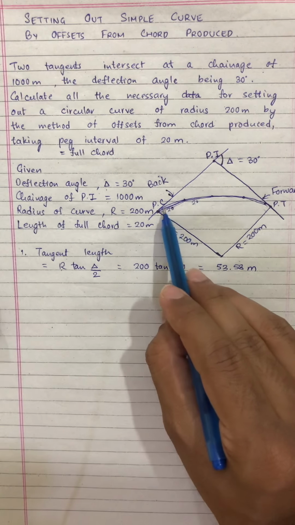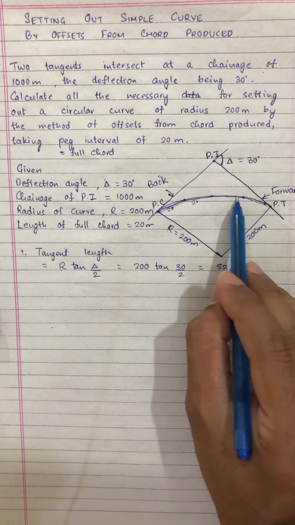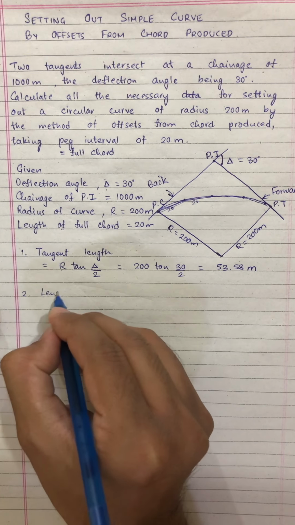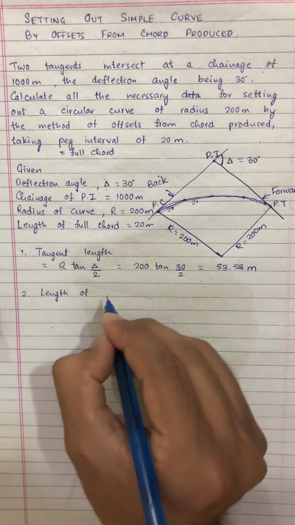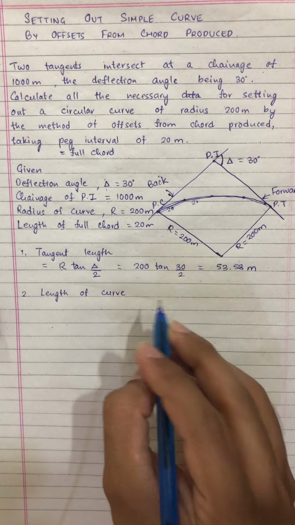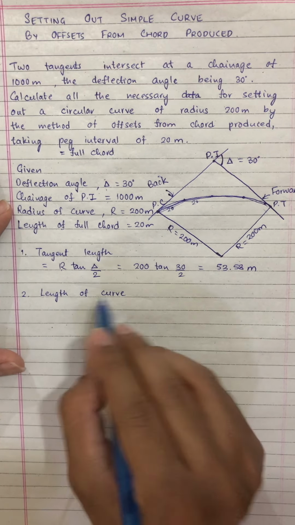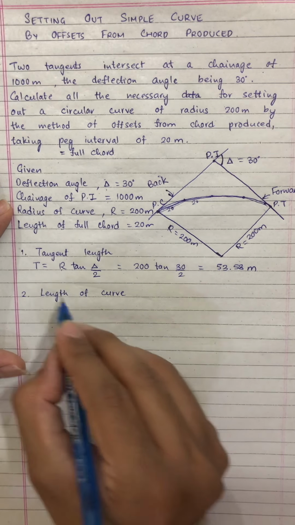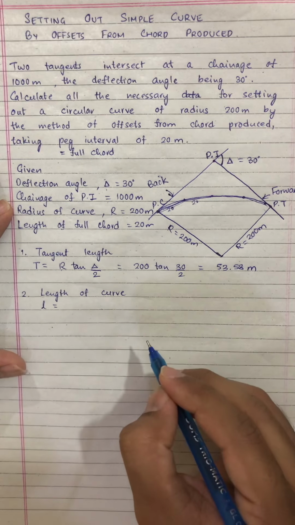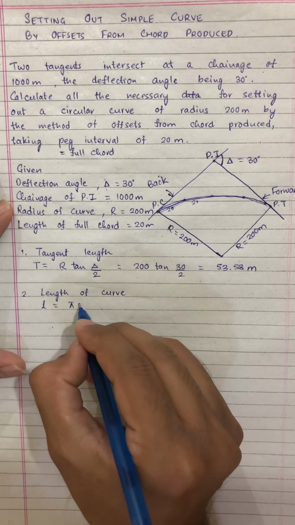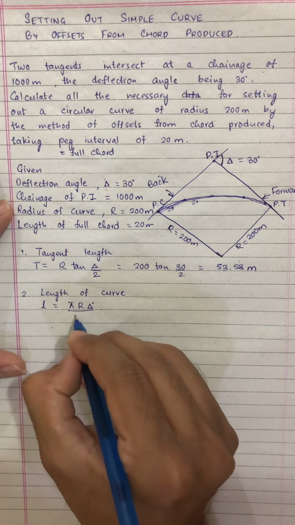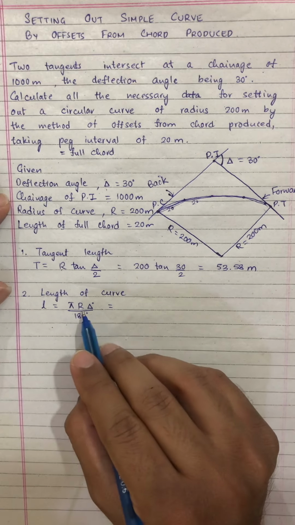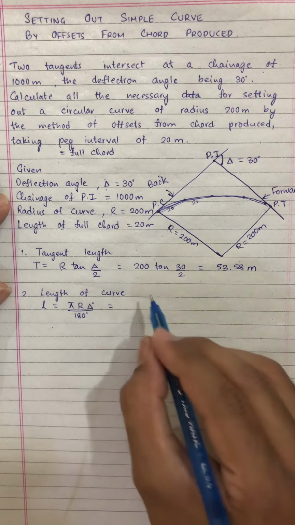Now next we need to find the length of the curve. Let us call the tangent length capital T and the length of curve small l. The formula is l equals pi R delta upon 180 degrees, where R is radius and delta is the deflection angle.